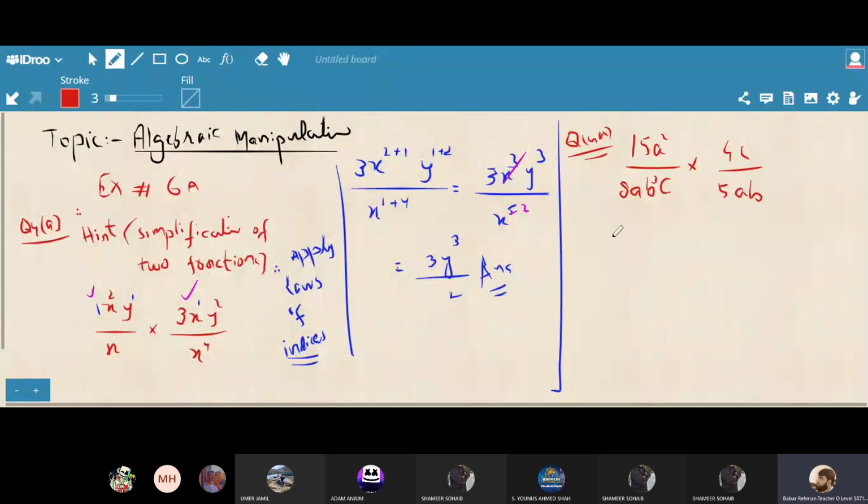Okay, if there are numbers coming in numerator and denominator, it is better to cancel these numbers first so that it will be easy for you.